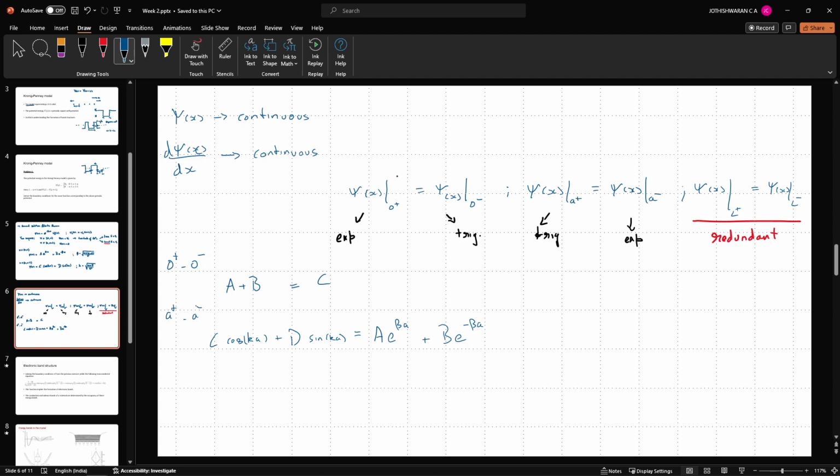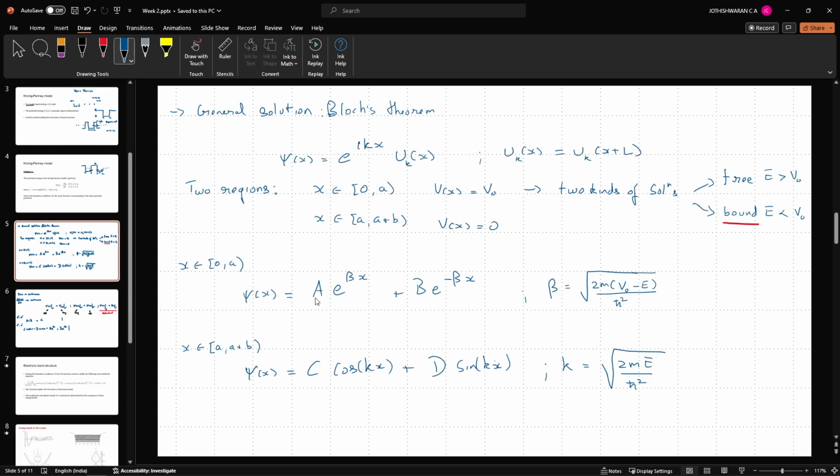Now from the derivatives should be continuous, what we will get are again 2 more conditions. So we'll have to take the derivative of this. We will have the beta coming down when we take the derivative with respect to x, and of course a minus sign will be introduced.